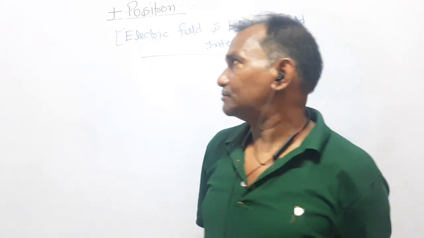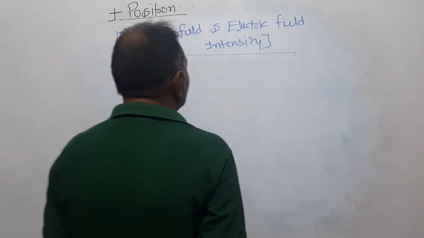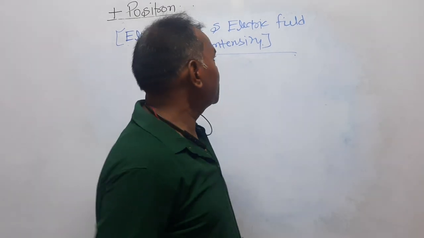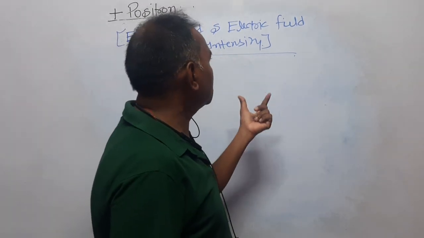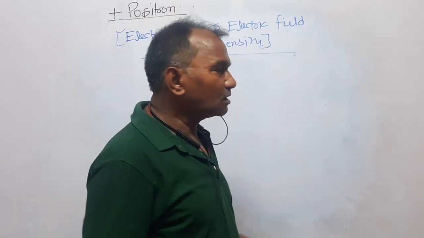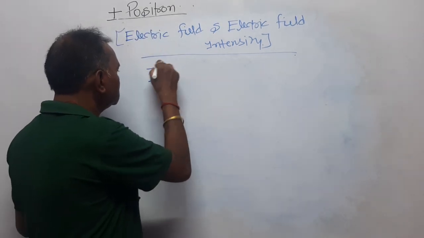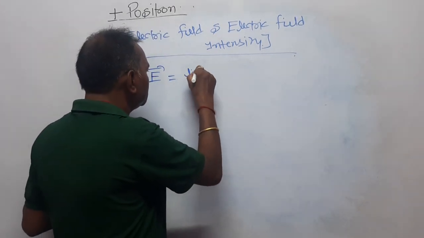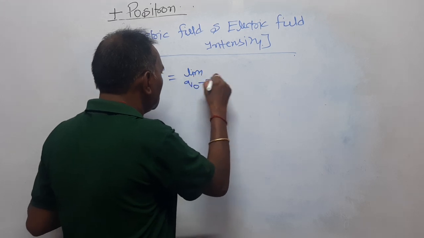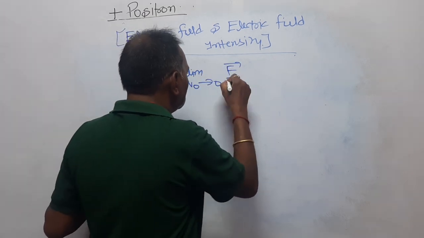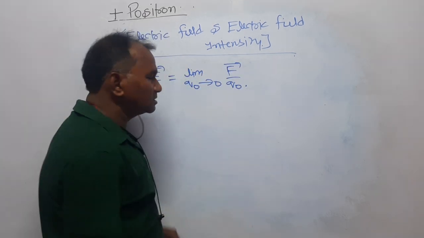or repulsive force. Now, dear students, the mathematical significance of electric field is electric field intensity. Electric field intensity is defined as vector E is equal to limit Q naught tends to 0 of F upon Q naught. Now, dear students, what is it?